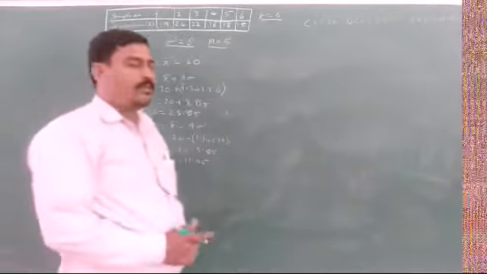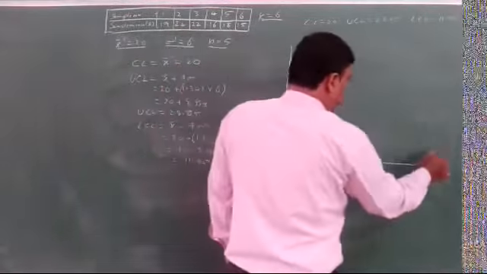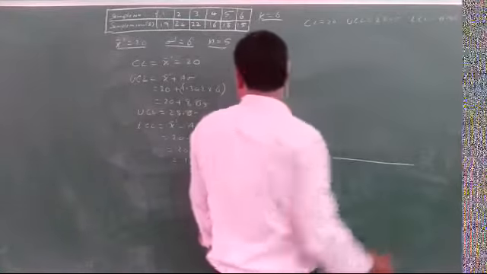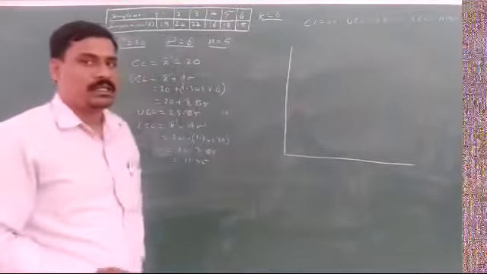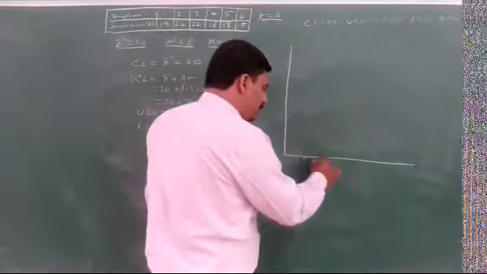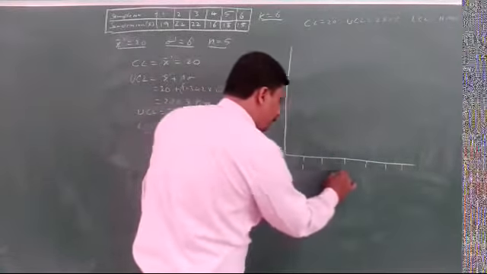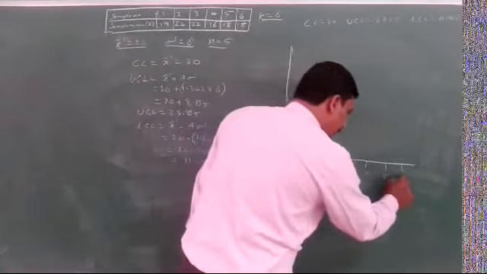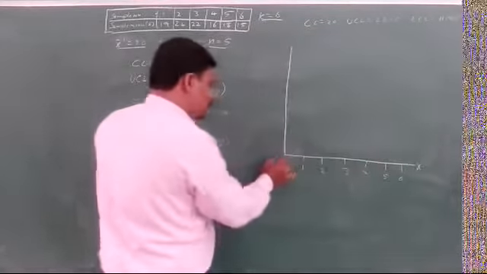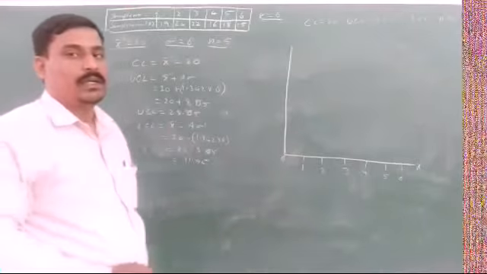Now plot a graph. Draw. So here, how many samples are there? Number of samples is 6: 1, 2, 3, 4, 5, 6. Okay. X-axis, y-axis. Along the y-axis, we plot upper control limit and lower control limit.